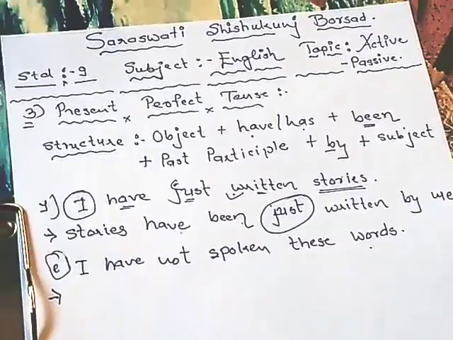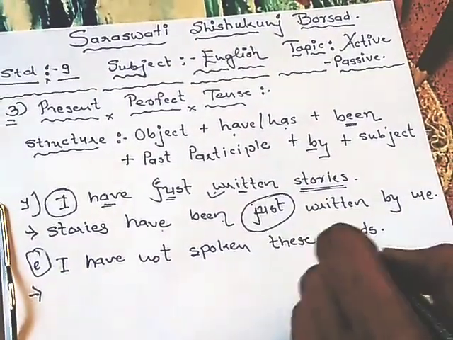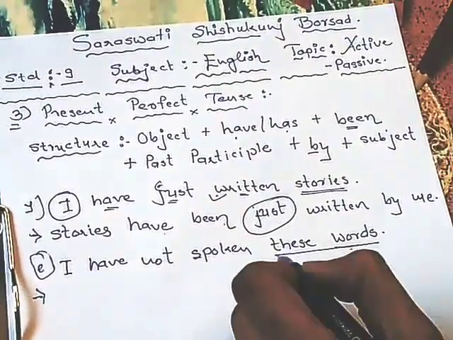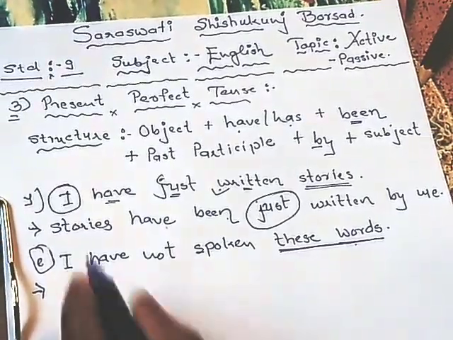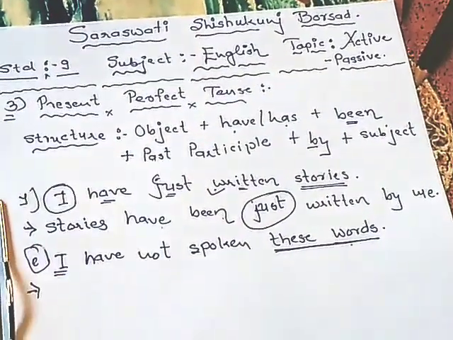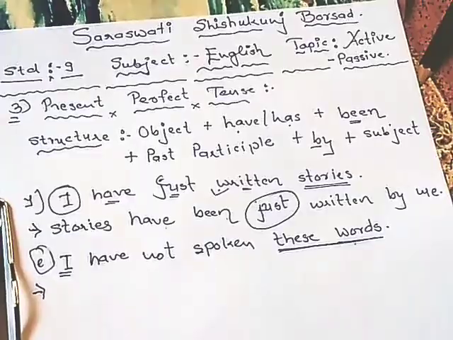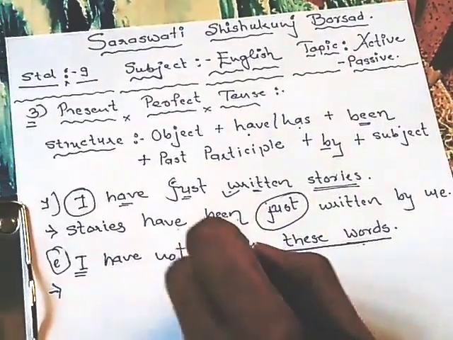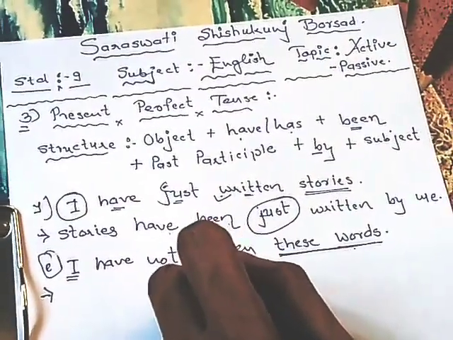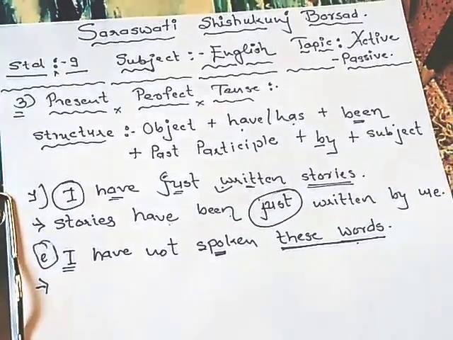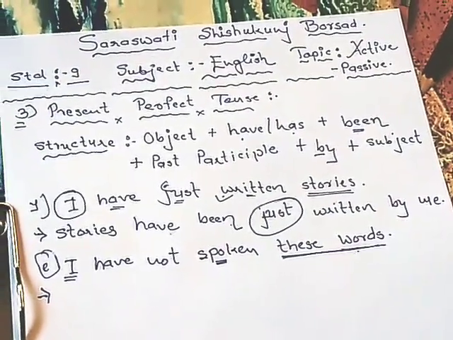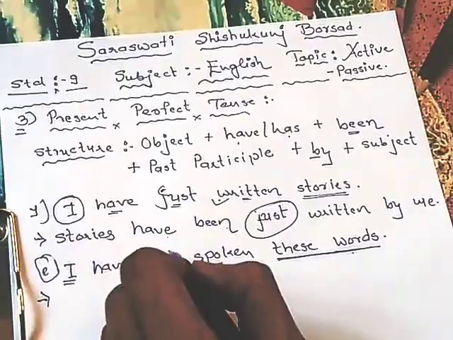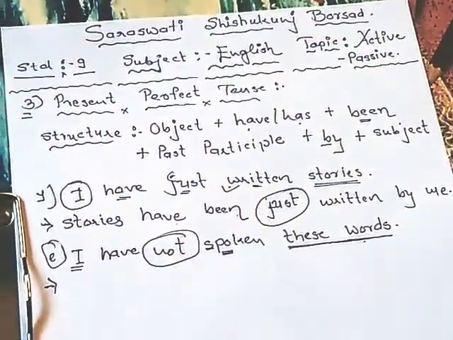Firstly we have to find the object, that is, these words. Then the subject, that is I, and the verb with past participle, that is already given here, spoken.